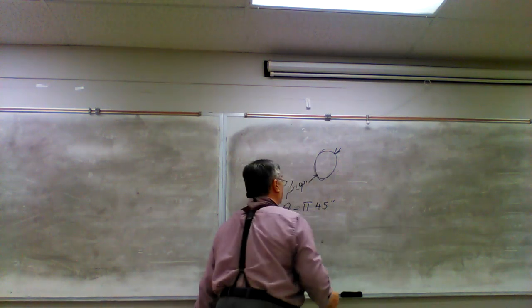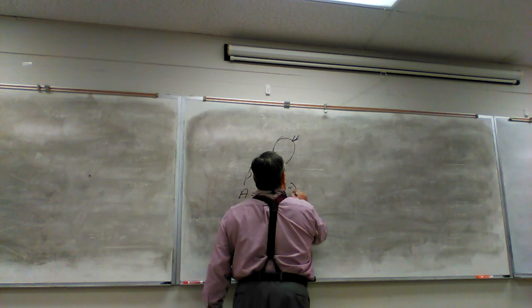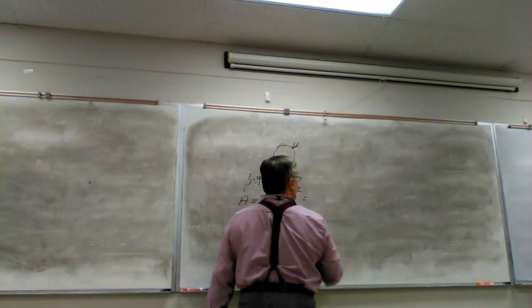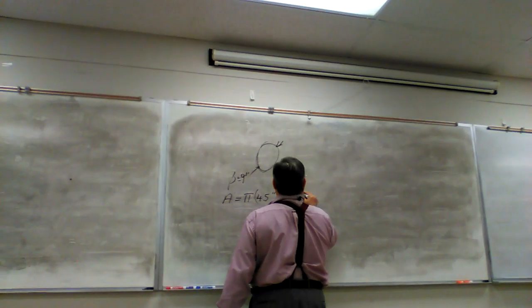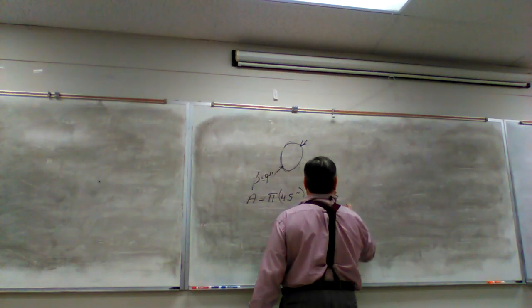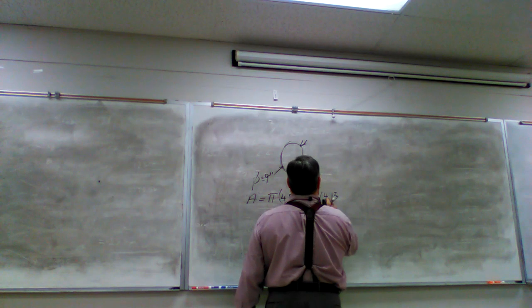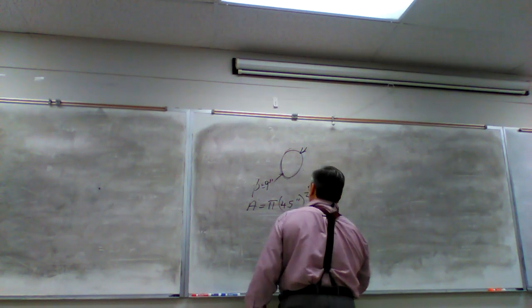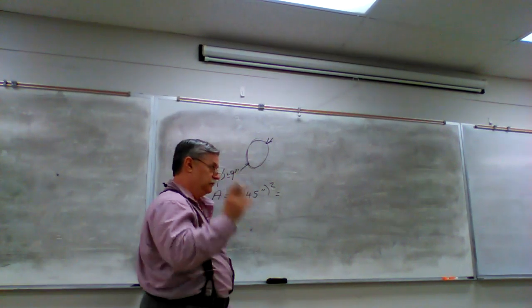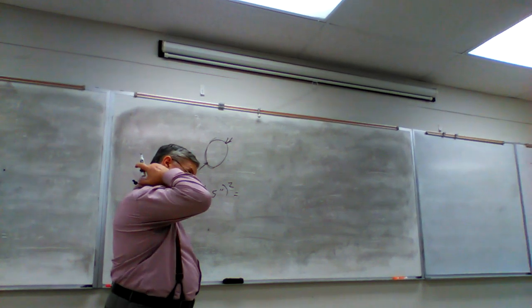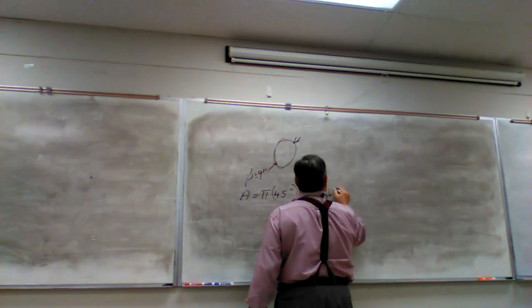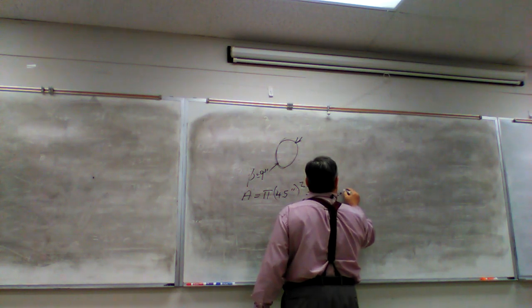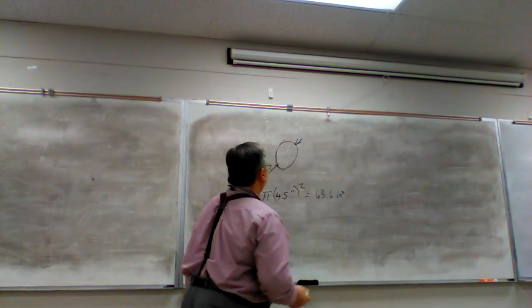What's pi times 4.5 inches squared? No, don't square it. Don't multiply by pi and then square it. You square 4.5 and then multiply that by pi. 63.6 square inches is our area.